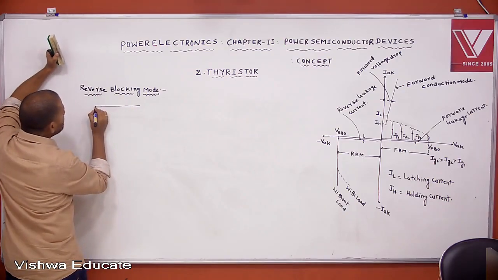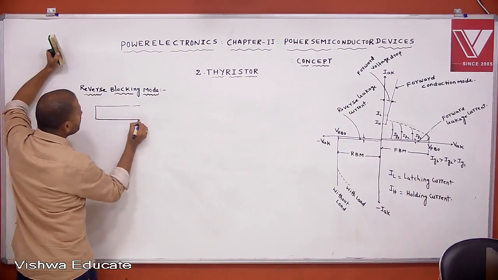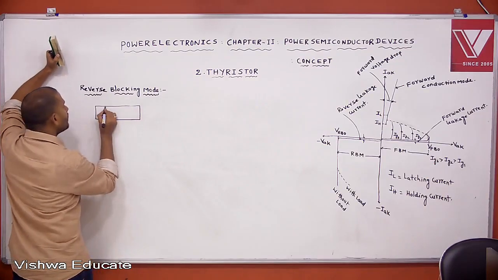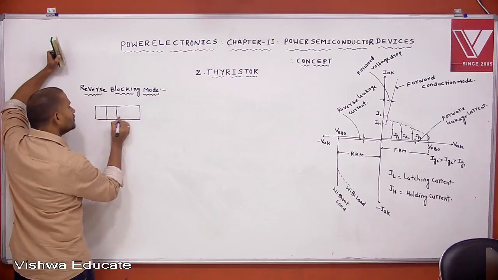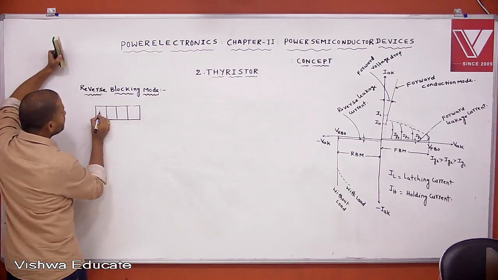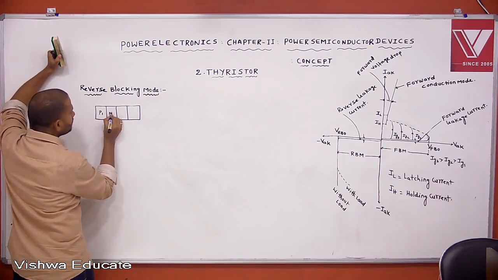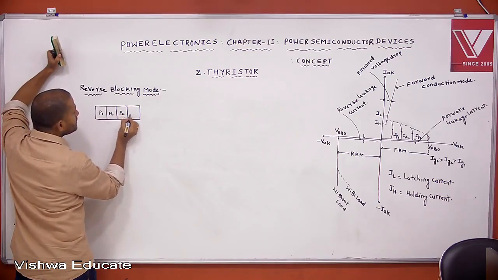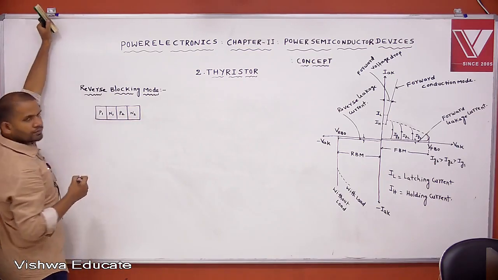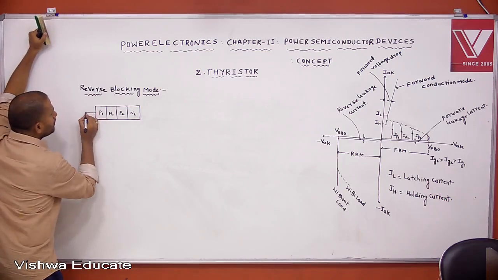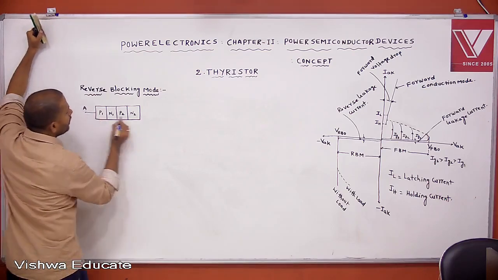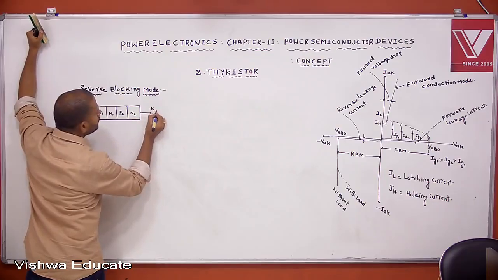This is P1, N1, P2, N2. Now this is the anode and this is the cathode.